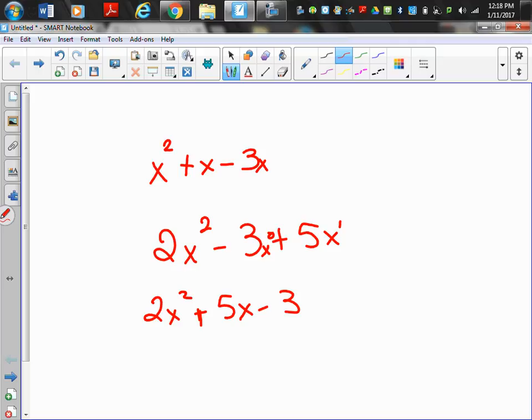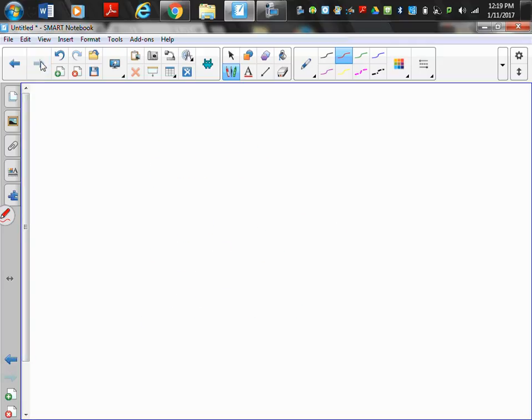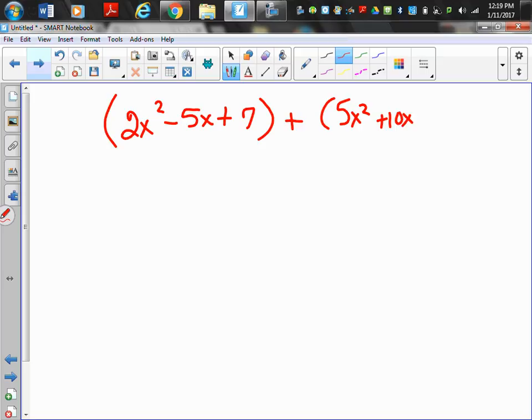Now, we're going to move on to the addition of polynomials. In order to add the polynomials, the easiest thing to do is called vertical addition.